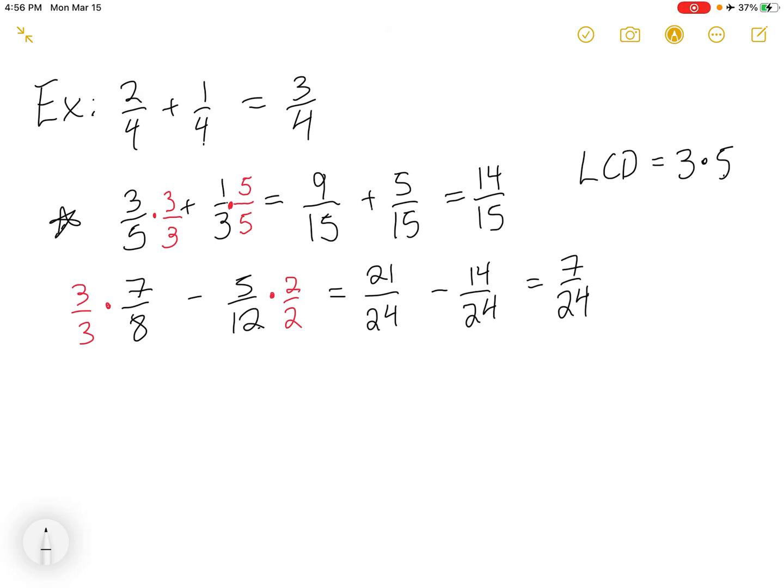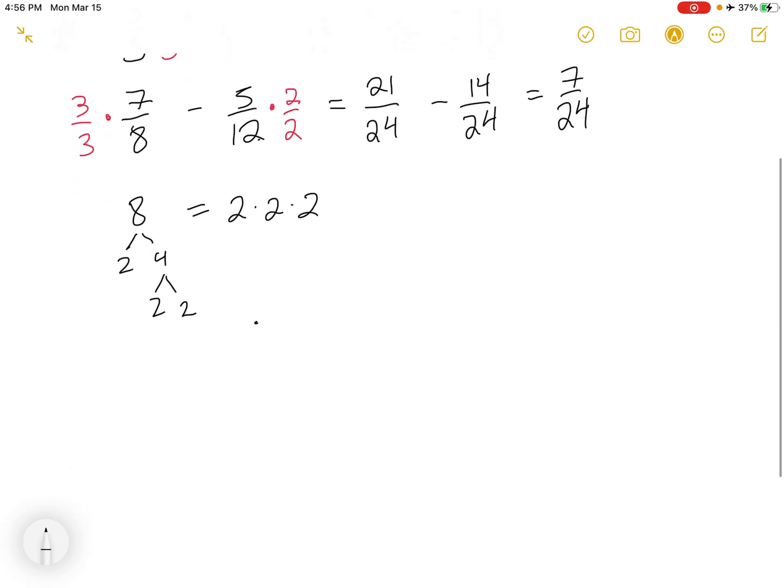So that's why this is going to become important. If I look at 8 and break that down, that's 2 times 4 and then 2 times 2. 8 is 2 times 2 times 2.